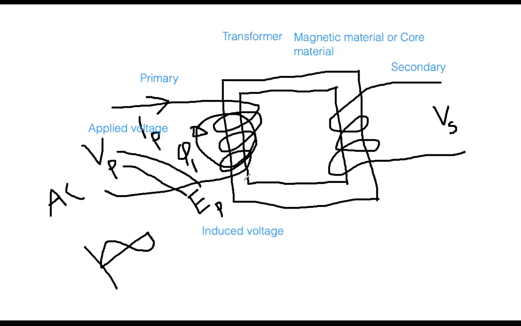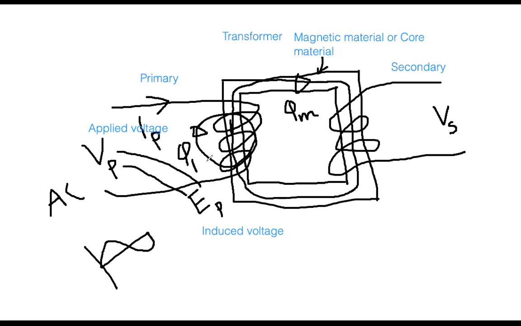Simultaneously, because this is the magnetic core material, there will be another flux that will start flowing through the core material. It will link the secondary coil and flow in that way. That is actually the mutual flux that we learned from the magnetically coupled circuit. So this means that initially there will be two fluxes.